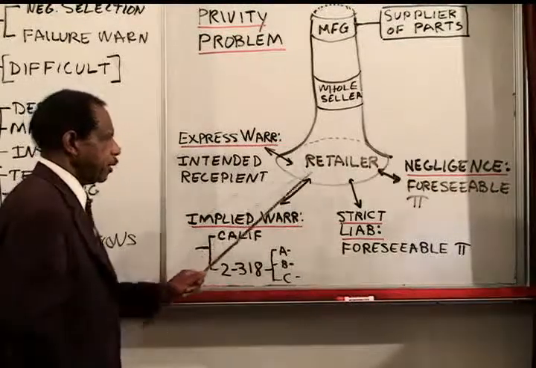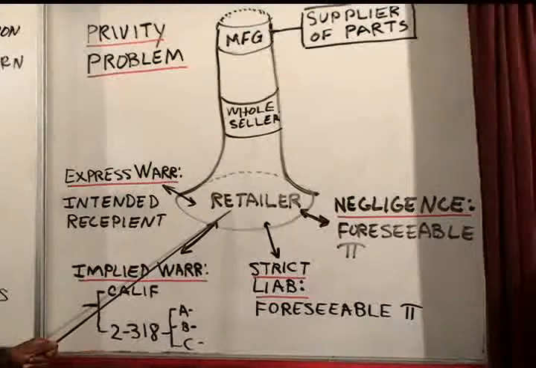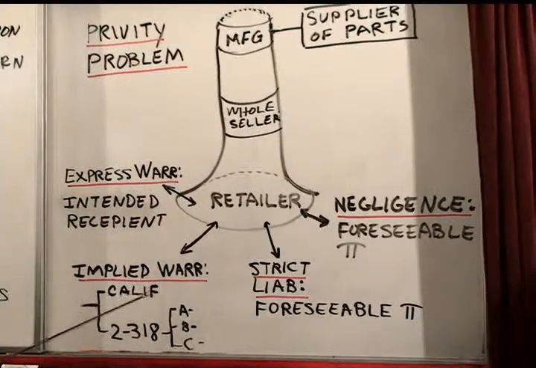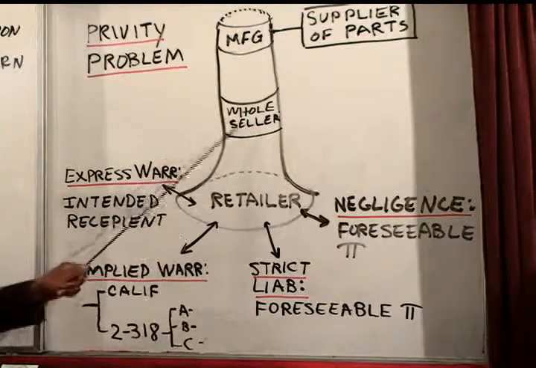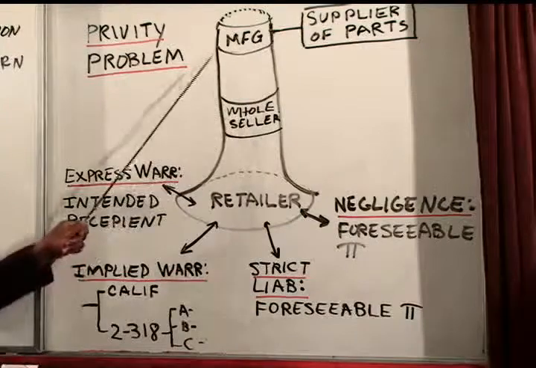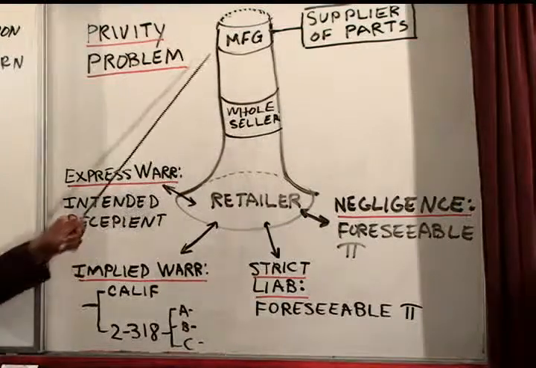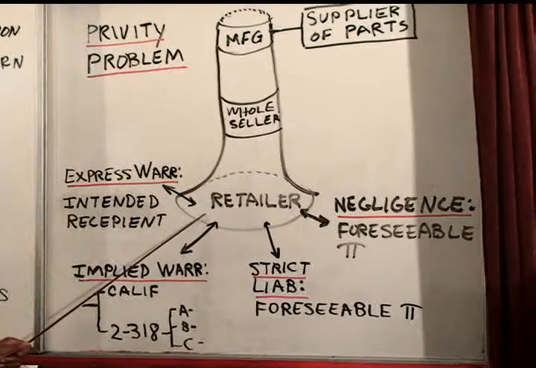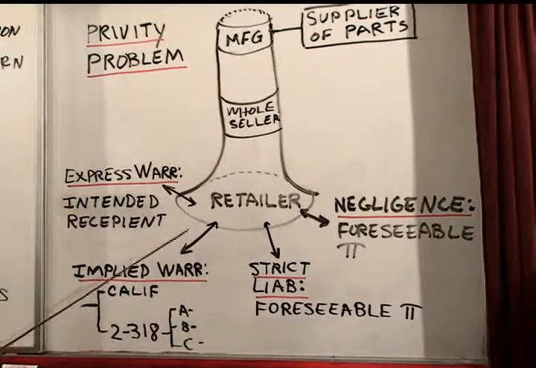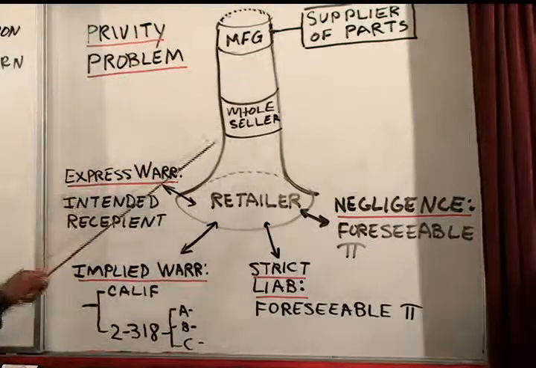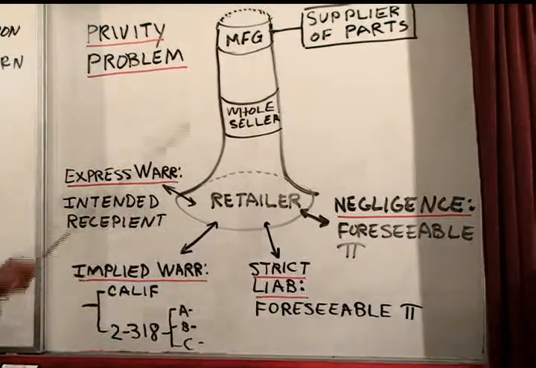The retailer made an implied warranty when the retailer sold to the customer, but the wholesaler and manufacturer also made implied warranties which they made when they sold to each other on the way down the chain of distribution. And the customer can sue any of these people who sold the product further up the chain.